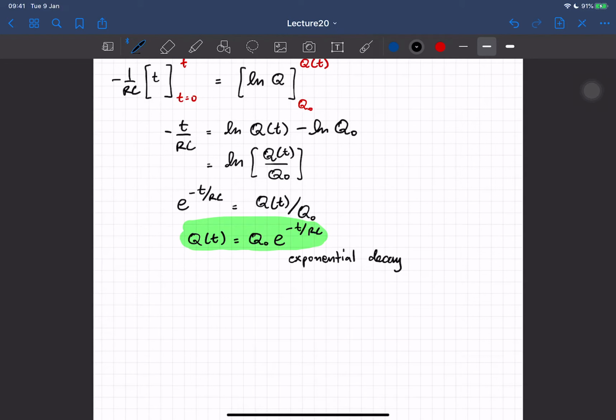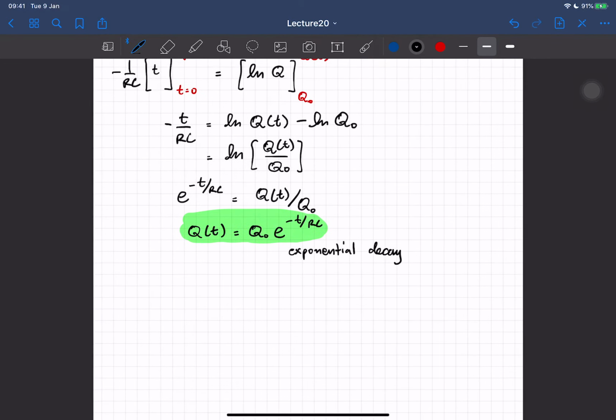This is exponential decay. And sometimes this RC thing, we rewrite it using the variable tau, which is called the time constant. So in other words, we can write this also in this form, which is q0 times e to the minus time divided by a time constant tau, like this.